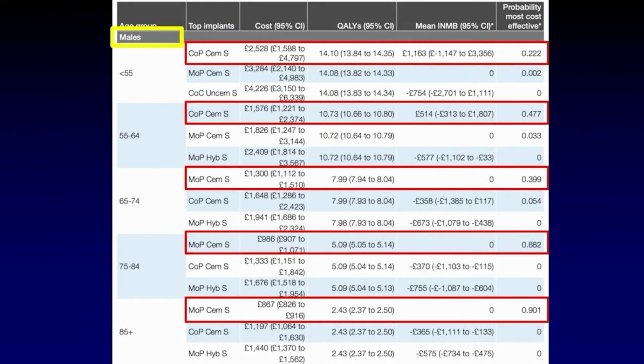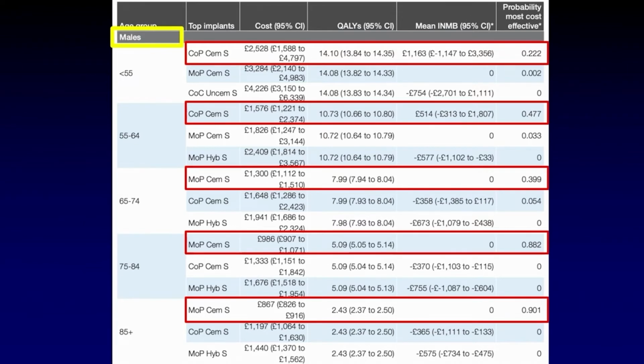And if you look at the patients that are less than 55, the highest probability is ceramic on polythene cemented hips. Now, actually, there is still some uncertainty in that age group, which is why the probability is not actually very high, but it is at least highest in the cemented ceramic on poly group.